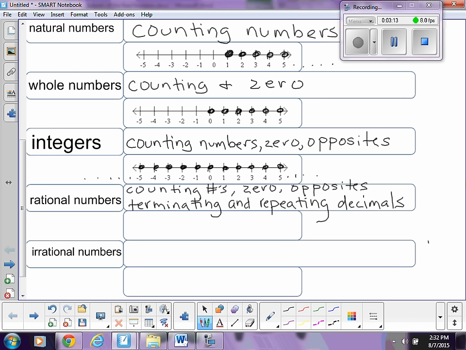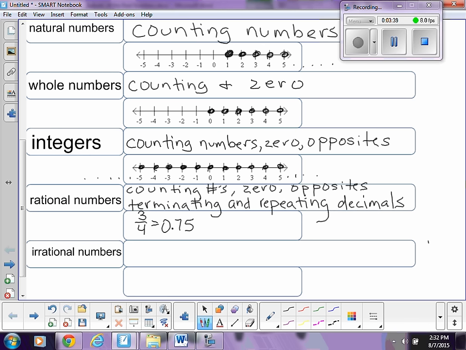Now, what is an example of a terminating decimal? Another word for terminating means that it stops. So if we look at the fraction 3/4, we know that that is equivalent to 75 hundredths. The decimal stops in the hundredths place. That is a terminating decimal. Now what's a repeating decimal?